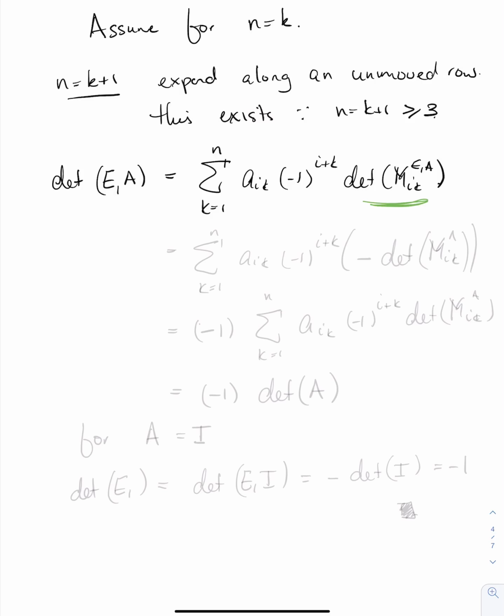Remember what we learned from the previous idea about this determinant. This is going to be all of this times negative the determinant of mik A.